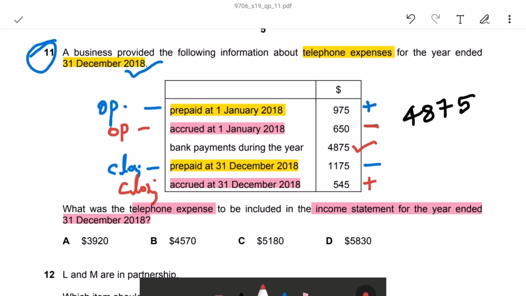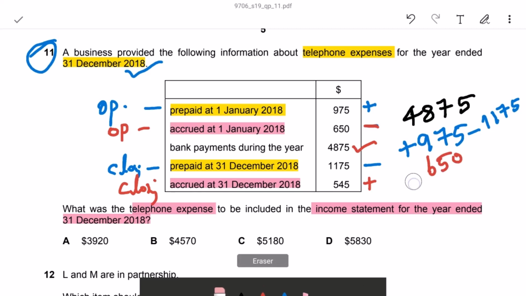Then what is the amount we get? First one, prepaid, add 975, deduct 1175. Then accrued, opening we should deduct.